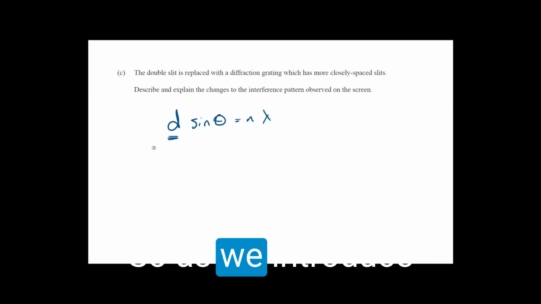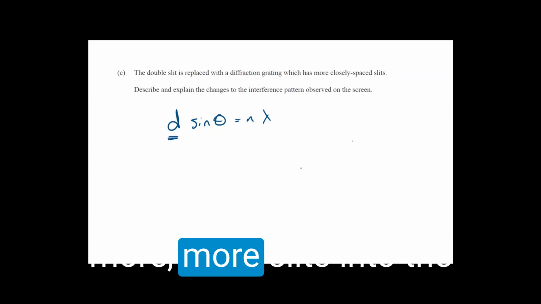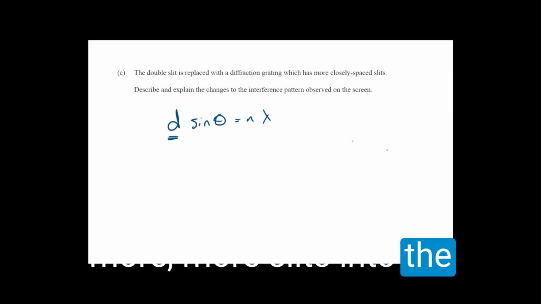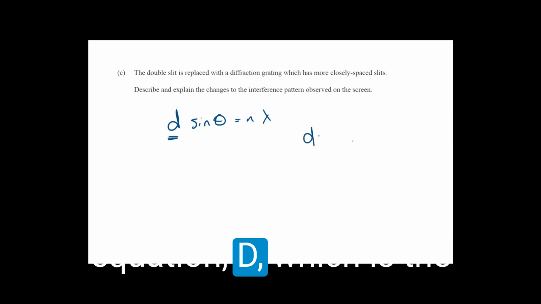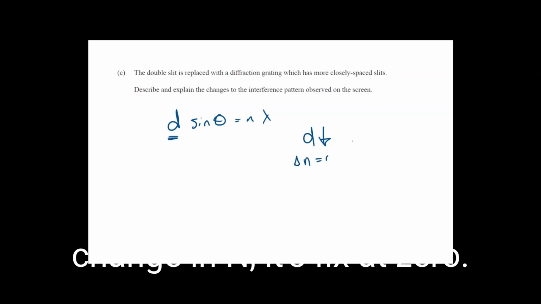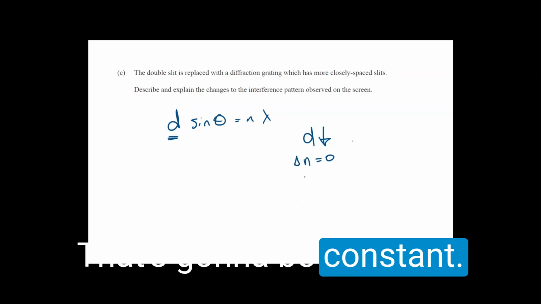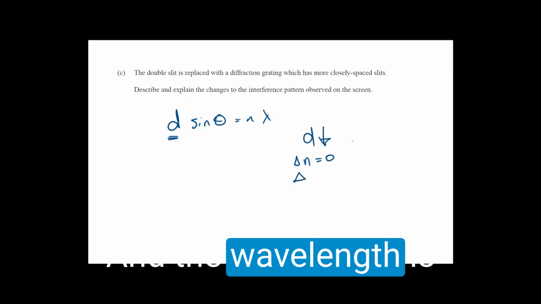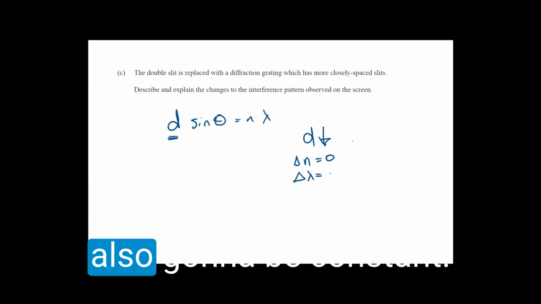So as we introduce more slits into the equation, d, which is the distance between them, is going to go down. But notice that n, the order, is fixed. That's going to be constant. And the wavelength is also going to be constant.